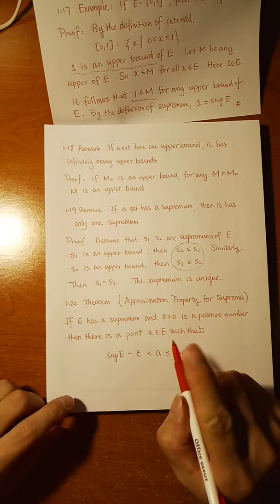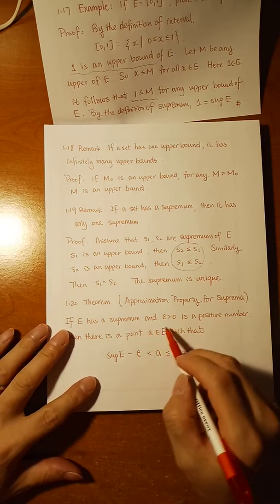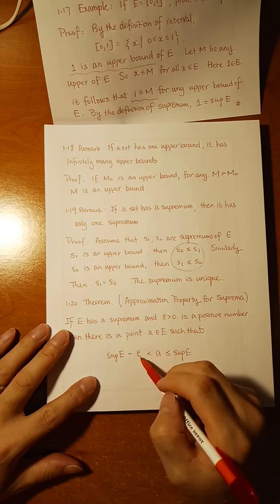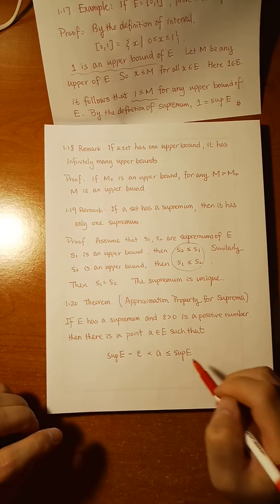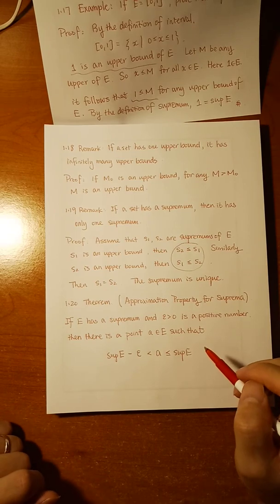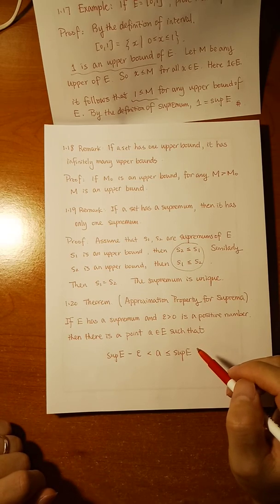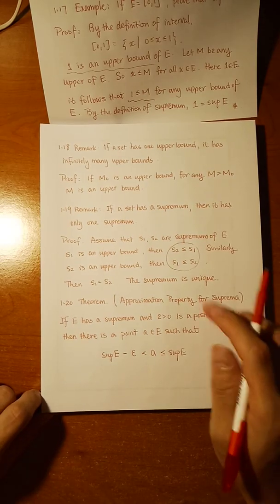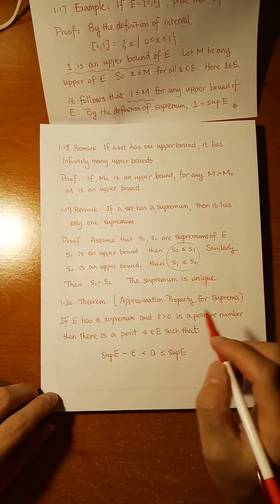If you have a number capital M such that for every epsilon, you can always find an A between M minus epsilon and M, then this M is a supremum. But we don't show that equivalence. We just show this one: the supremum has this approximation property.